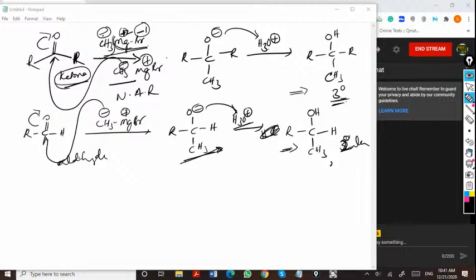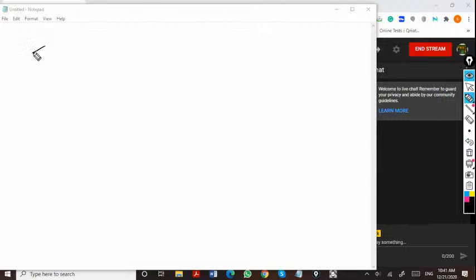What could be the product when I treat cyclohexanone with methyl magnesium bromide followed by water? This is first, this is second.